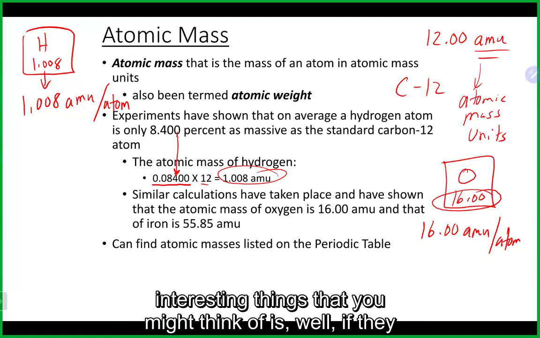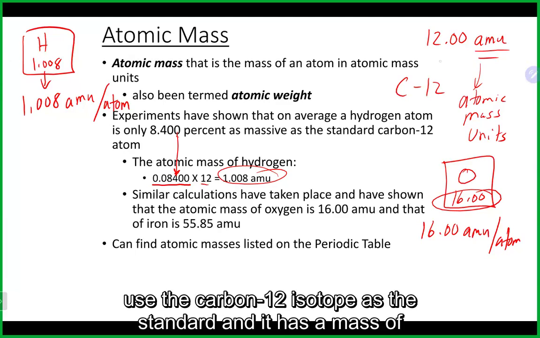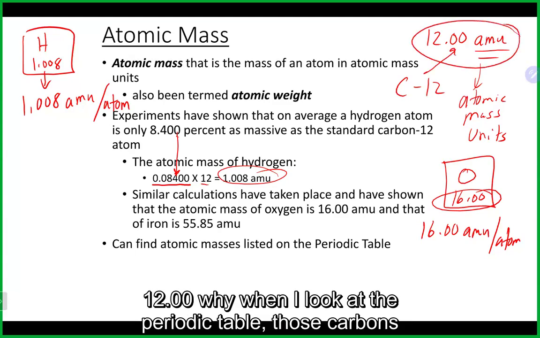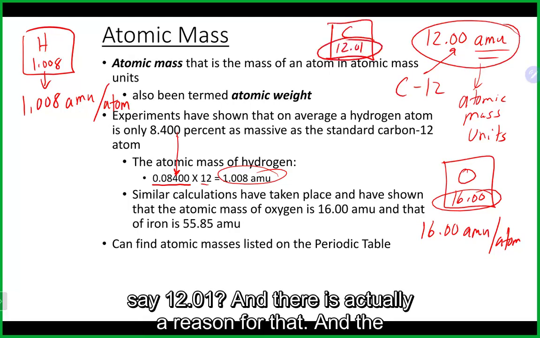Now, one of the interesting things that you might think of is, well, if they use the carbon-12 isotope as the standard, and it has a mass of 12.00, why, when I look at the periodic table, does carbon say 12.01? There is actually a reason for that.